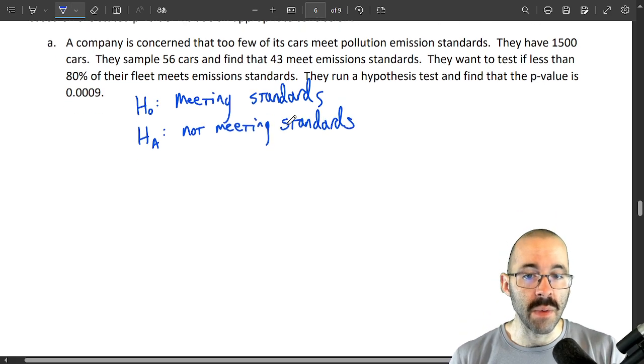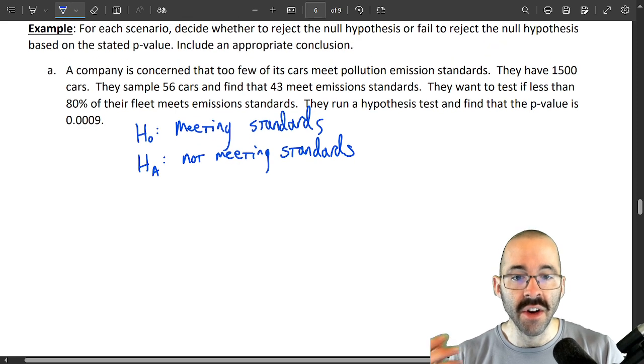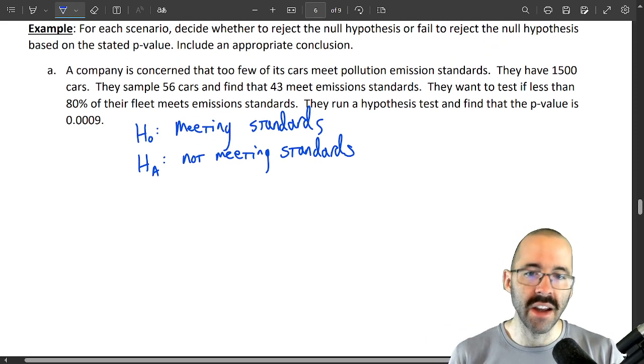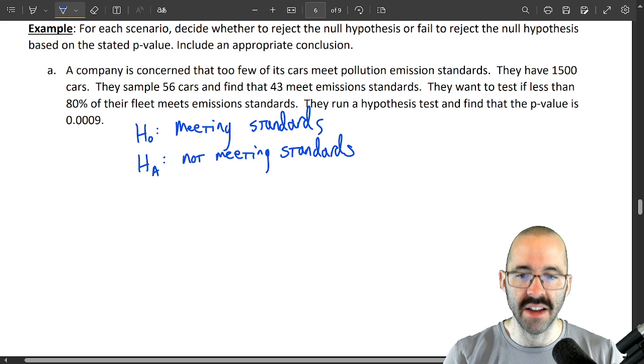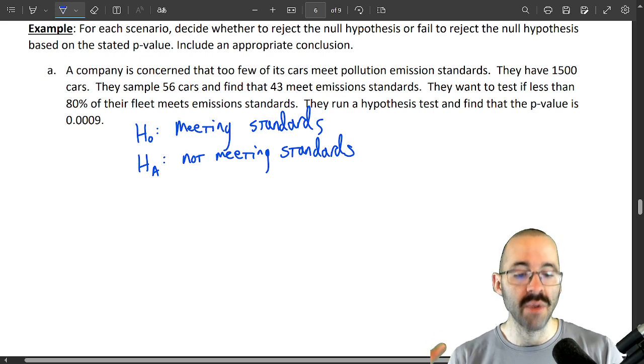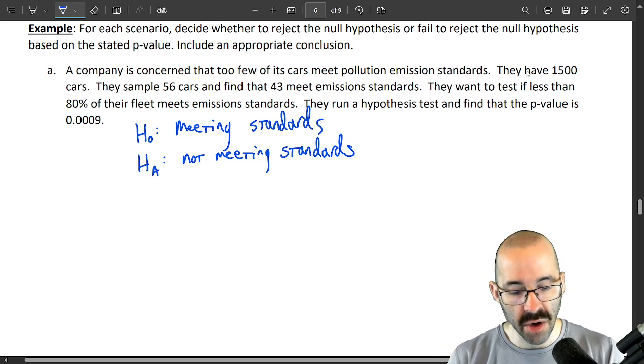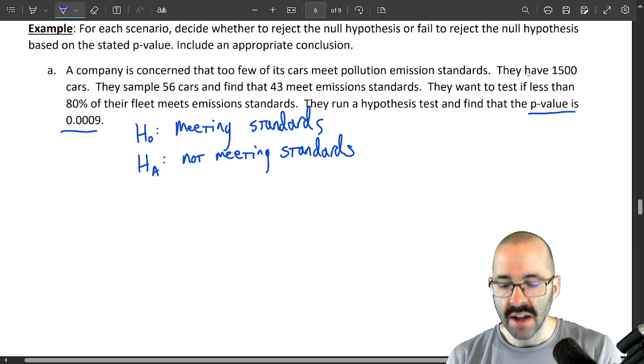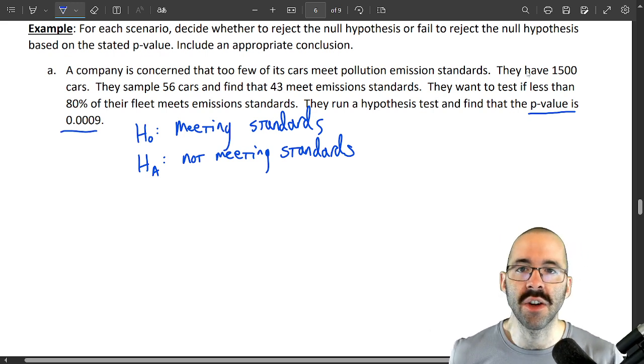In the future, when we put this whole unit together, we're going to combine everything and do a whole problem and find the p-value. But in this problem, the p-value is calculated for us. Here, the p-value is 0.0009.